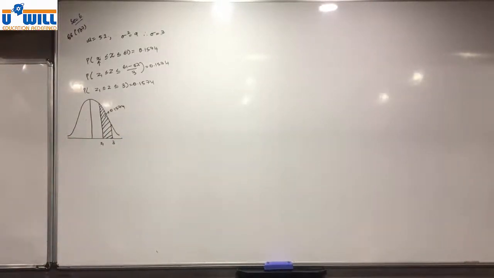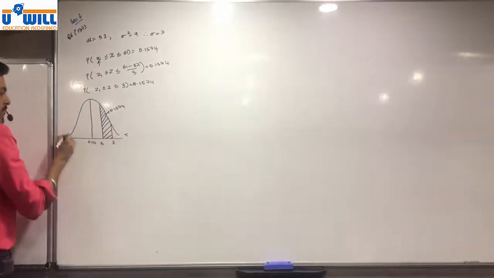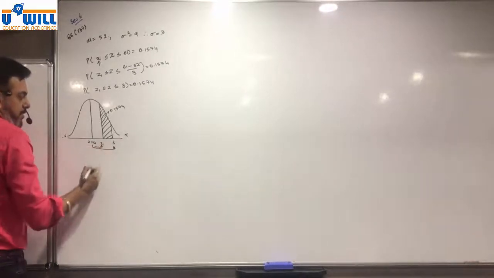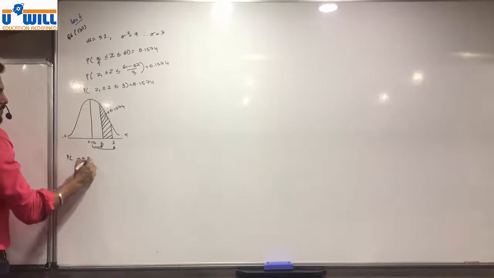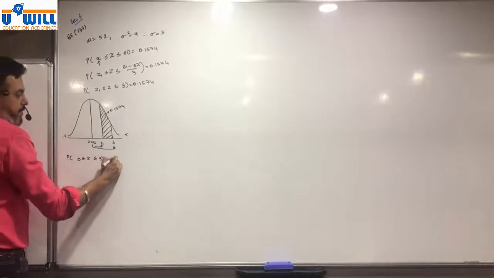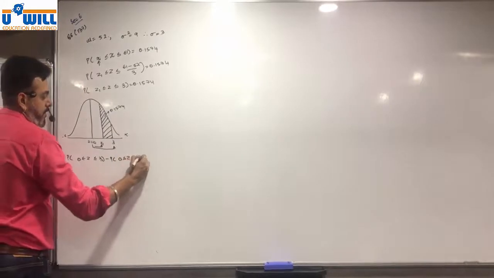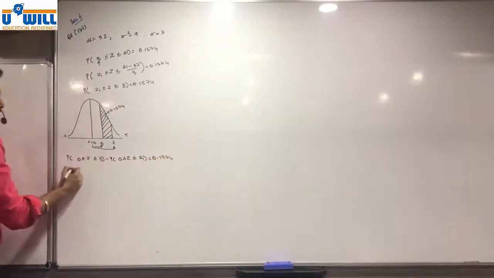0.1574. We make the equation: 0 to 3 minus 0 to z1. So probability of z greater than equal to 0, less than equal to 3, minus probability of z greater than equal to 0, less than equal to z1, is 0.1574.